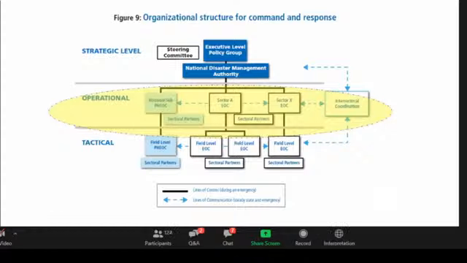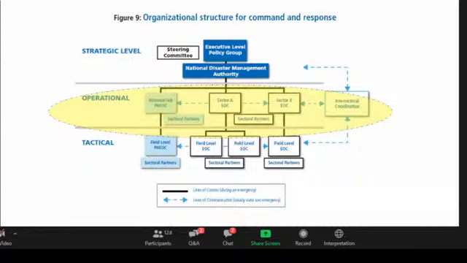In the framework, the operational level is in the middle, as mentioned. Most of the public health EOCs stay at this level.